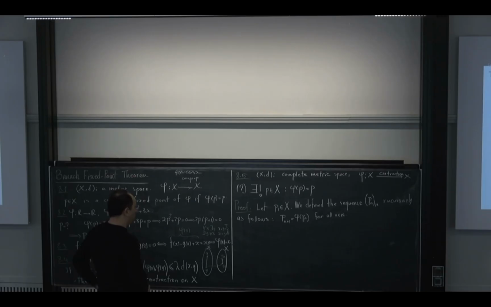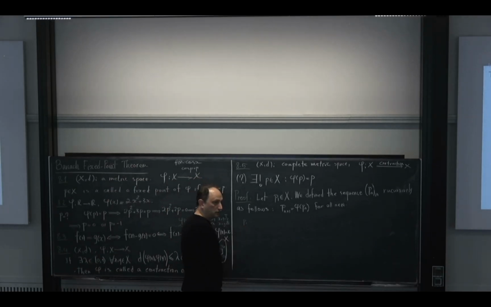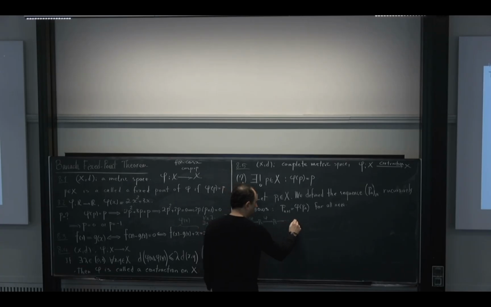So if I want to draw a diagram here for you, you start with P1, randomly you choose something from X, you apply phi on it, it gives you what? It gives you the next one. Phi acting on Pn gives you the next term. It gives you P2. And then you take P2 and put it inside phi, it gives you another one, you call it P3. And then this continues, okay?